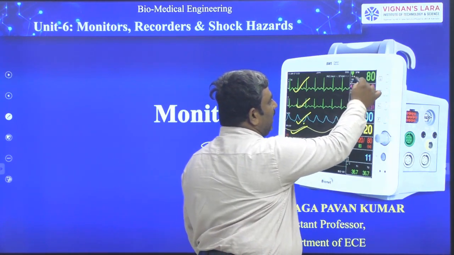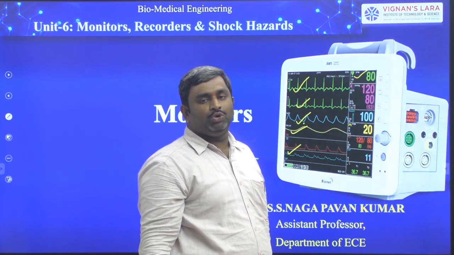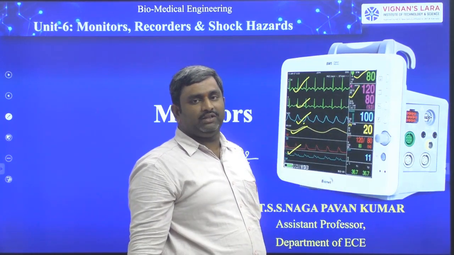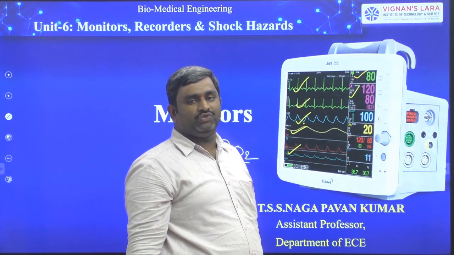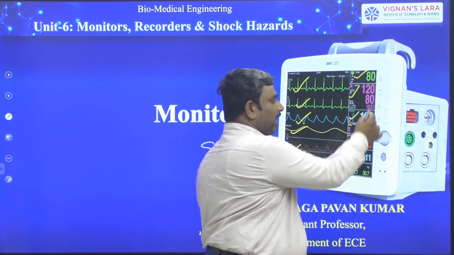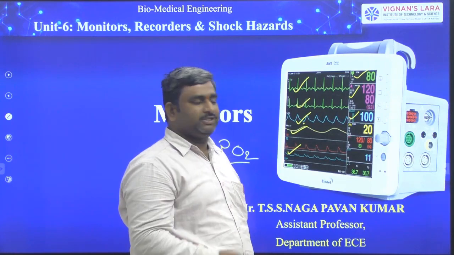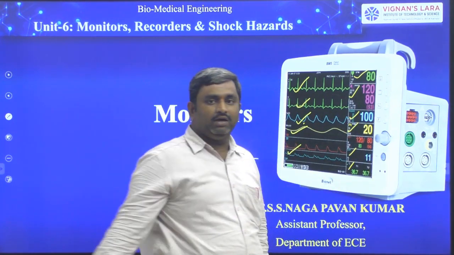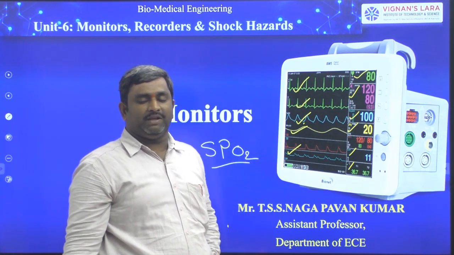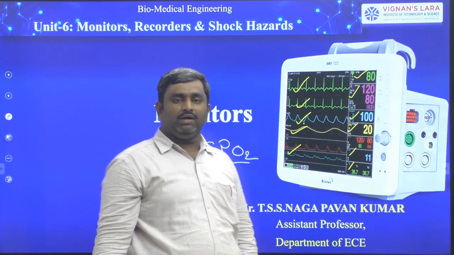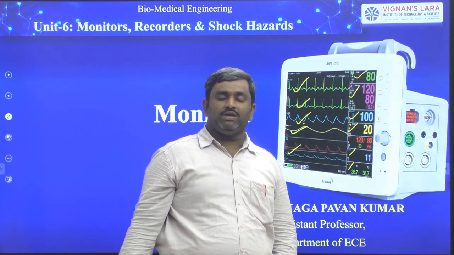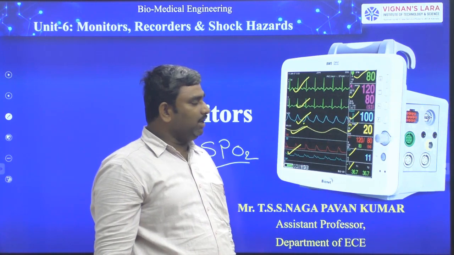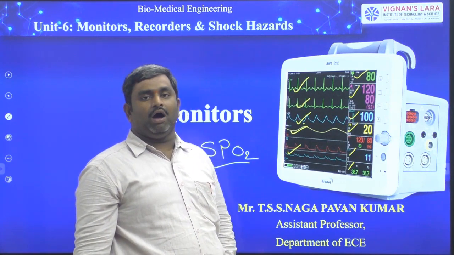Here the first indication, 80, represents the heart rate, and 120 by 80 represents the blood pressure, BP, of the patient. This is the SpO2 value, represented by 100, and here all the remaining parameters and their internal calculations and the previous data, that is, the behavior of the patient in the last day, we can trace from this monitor and read all the data.